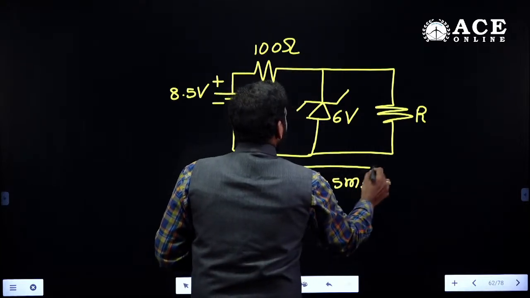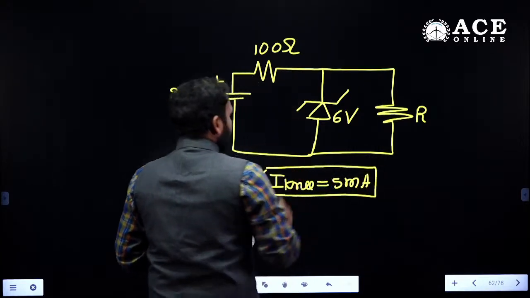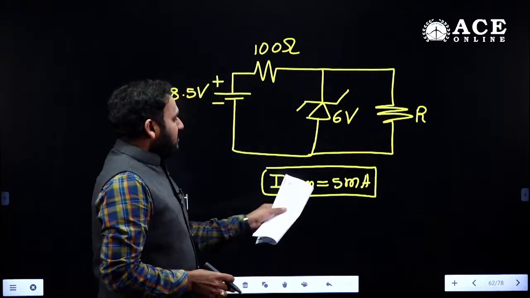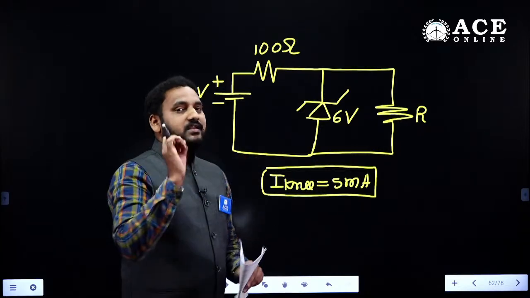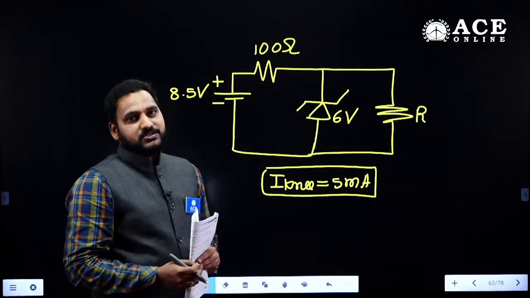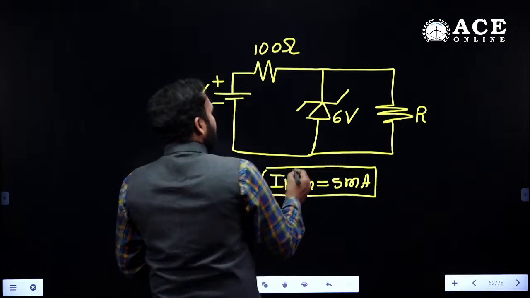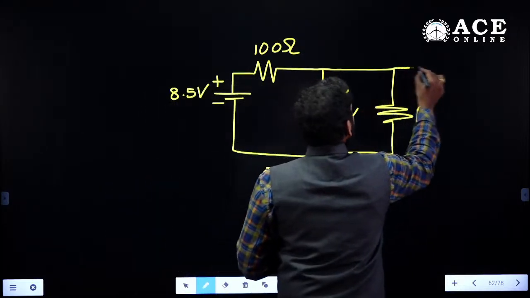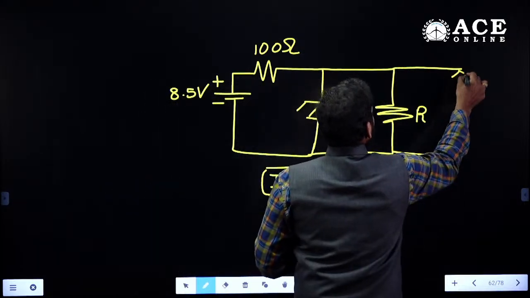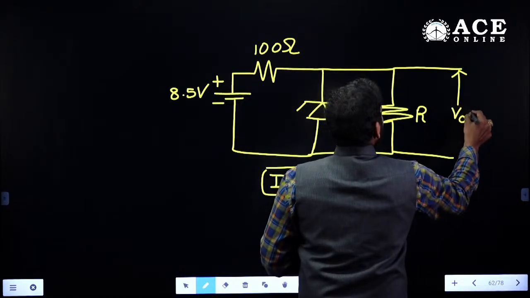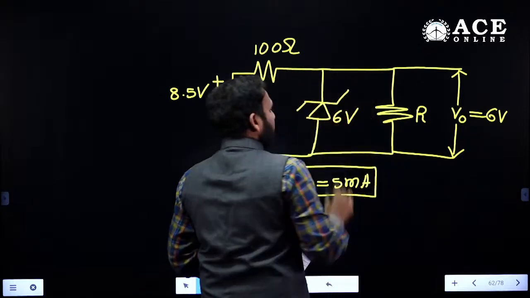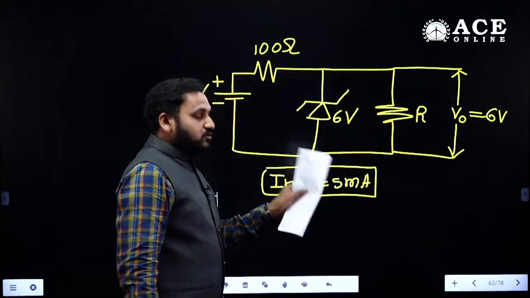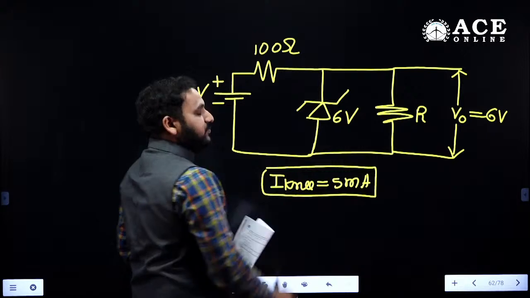We have done some model questions based on this. A minimum amount of current must flow through the Zener diode to hold it in the conduction state, a basic level statement. So if I want to maintain the regulated output at 6 volts, the current passing through this Zener diode should be 5 milliamperes.